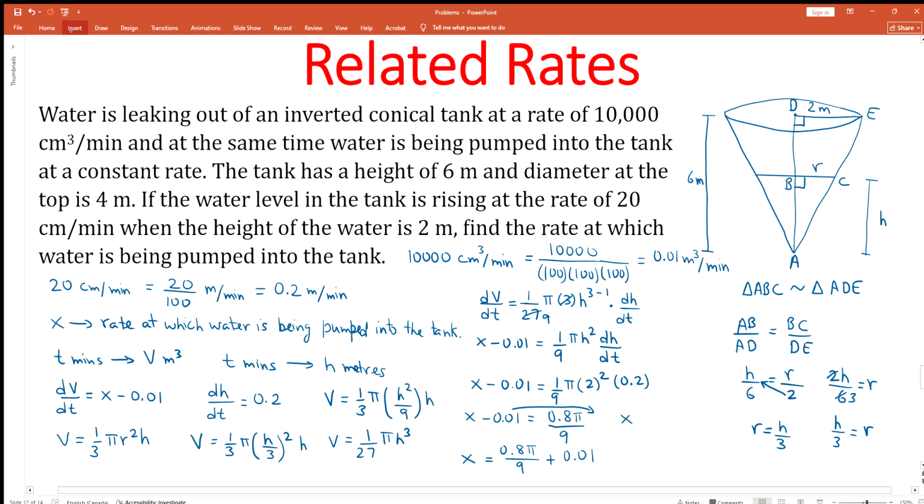I get x equals 0.289, rounded to 3 decimal places, and the unit is meter cube per minute. This is the rate at which water is being pumped into the tank. This should be the final answer for this problem.